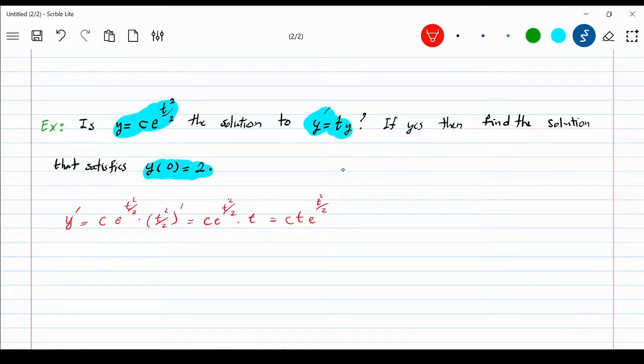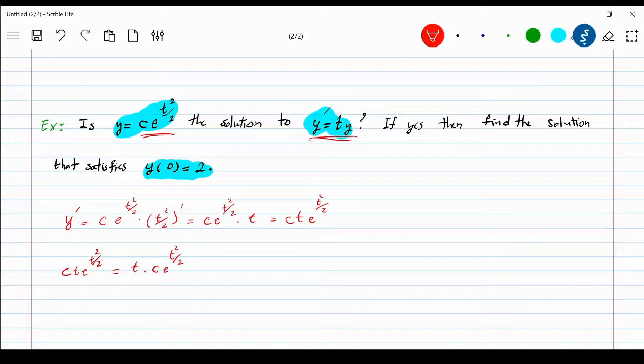And now I replace this y prime into the given equation, as well as for y. So y prime, which is c t e to the power t squared over 2, equals t times, what was y? Y was given here, c e to the power t squared over 2.